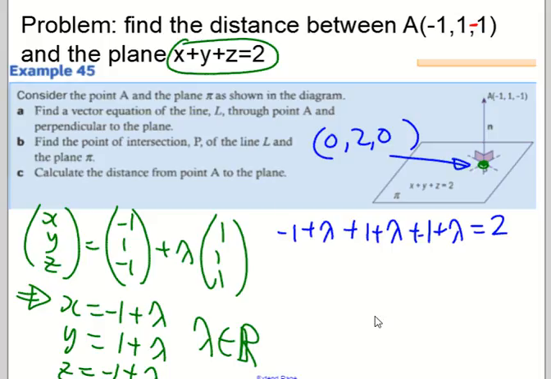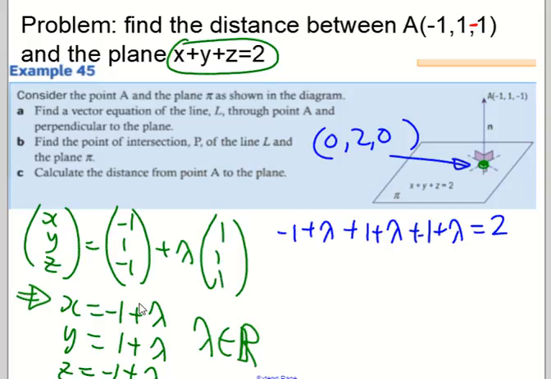So the equation of this line joining the point to the plane in the shortest distance, we'd have the point A as the fixed point and the normal vector of the plane as the direction.